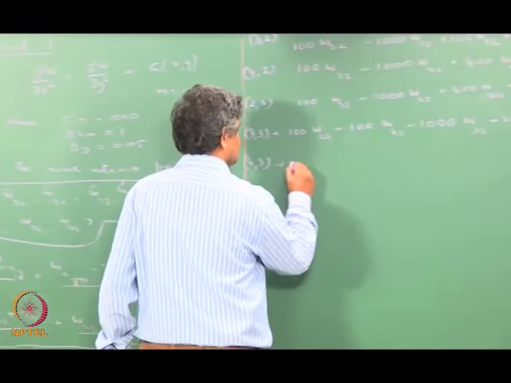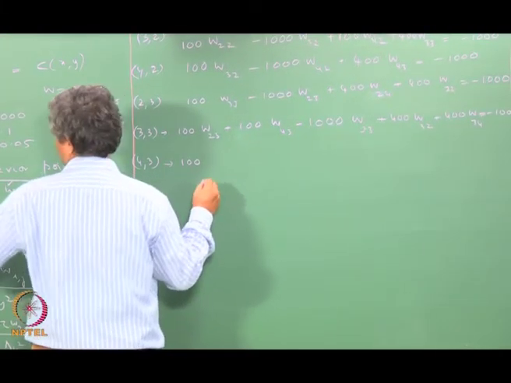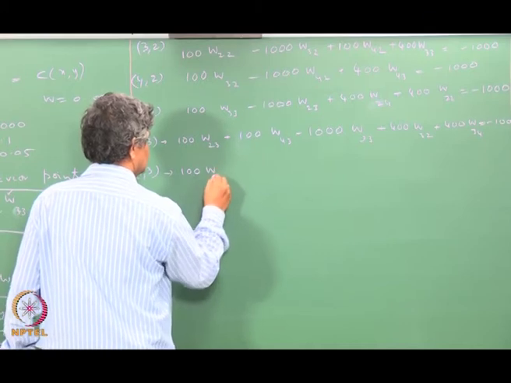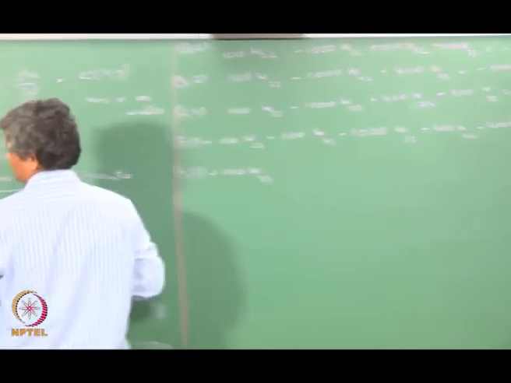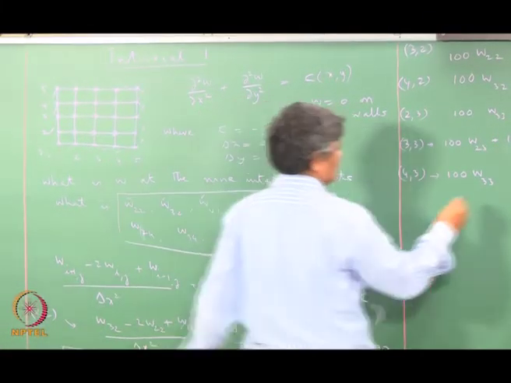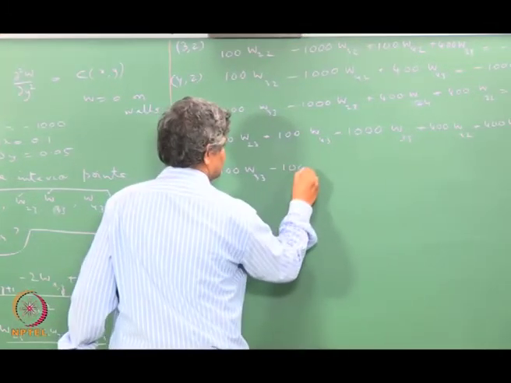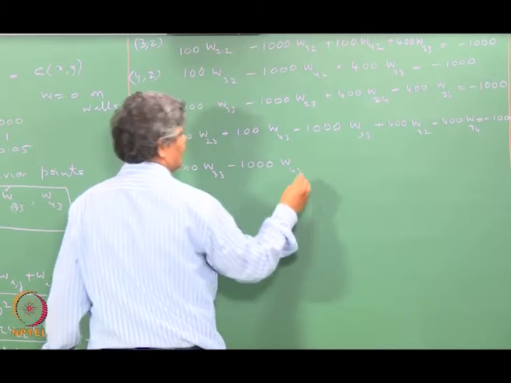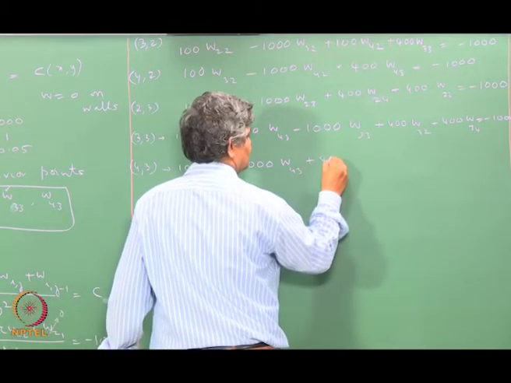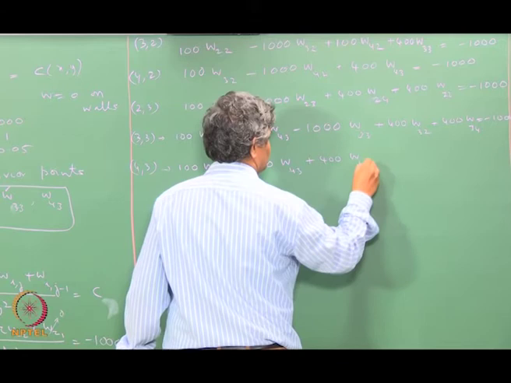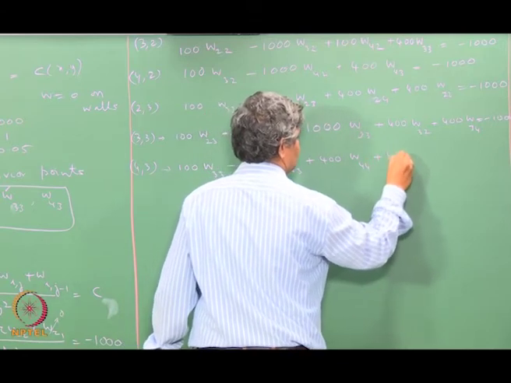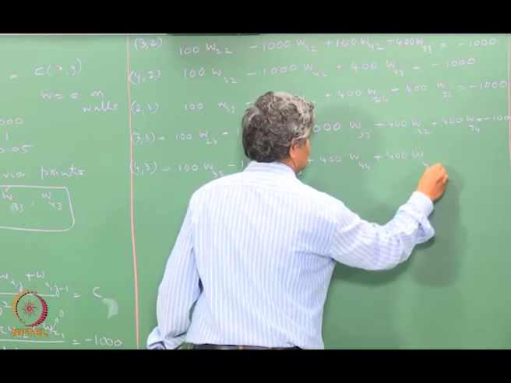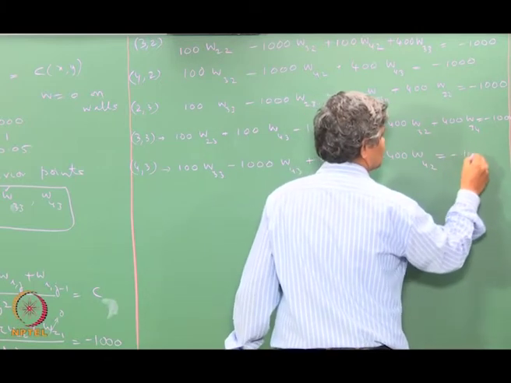So, that is 100 of W33 minus 1000 of W43 plus 400 of W44 plus 400 of W42 equal to minus 1000.